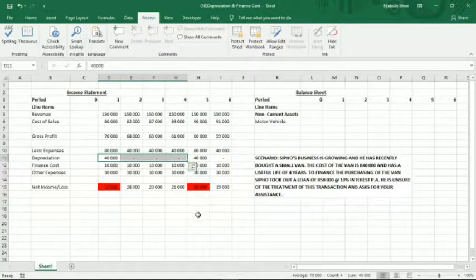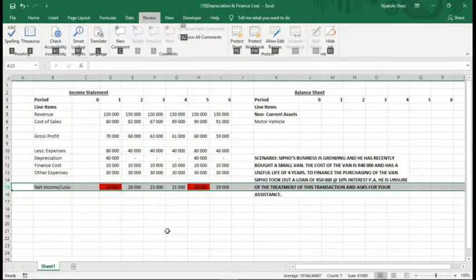So we are going to treat depreciation correctly by expensing this depreciation cost over 4 years instead of capitalizing the total cost in 1 year, because it gives an inaccurate depiction of Sipo's business and his incomes and losses.